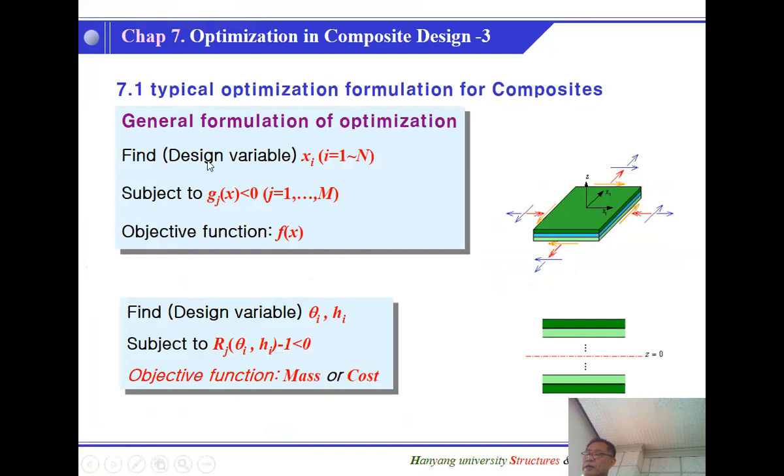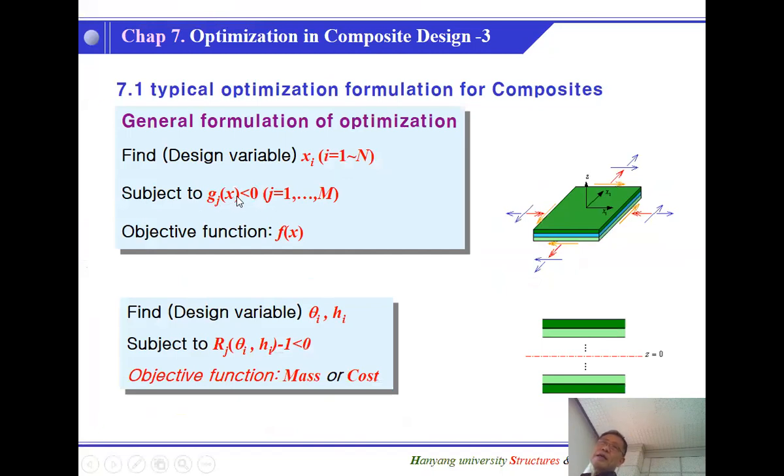The first is the design variables. Define design variables: what you would like to find. In your Excel tool, a design variable can be the thickness of each ply or the angle of each ply. And then subject to certain conditions.